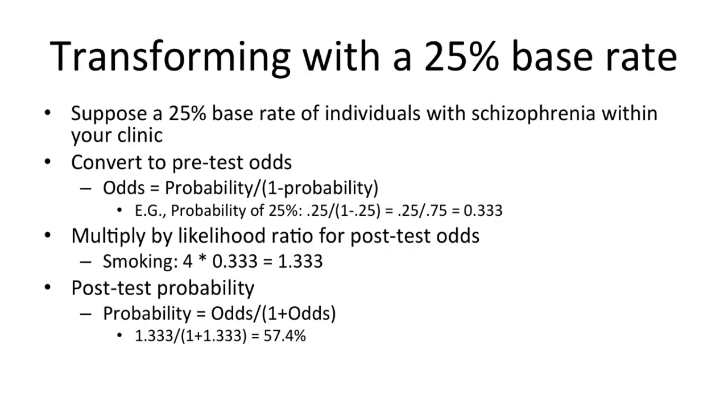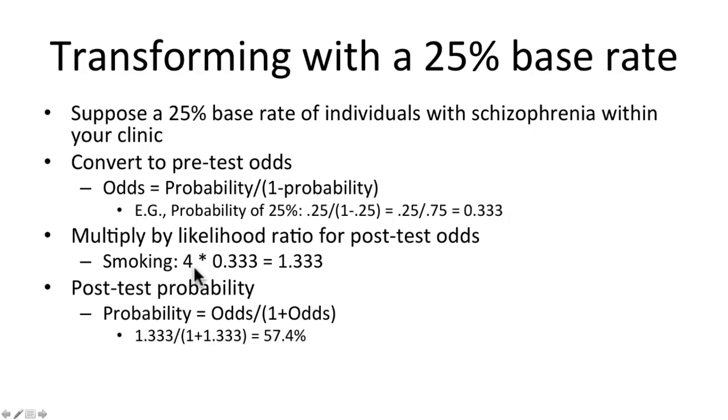Now let's say your clinic has a 25% base rate of schizophrenia. Well, that changes everything, except for the math. You're still going to follow the same steps, but you're going to use 25% as step 1. So with a probability of 25%, you calculate the odds: 0.25 divided by 1 minus 0.25 equals 0.333.